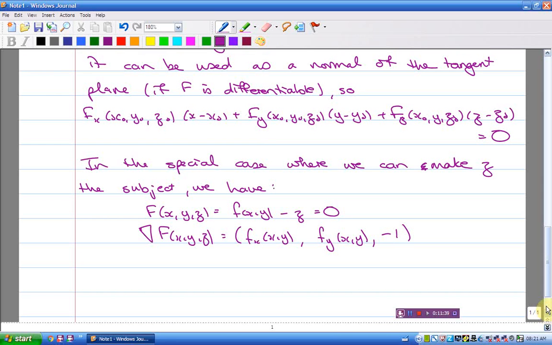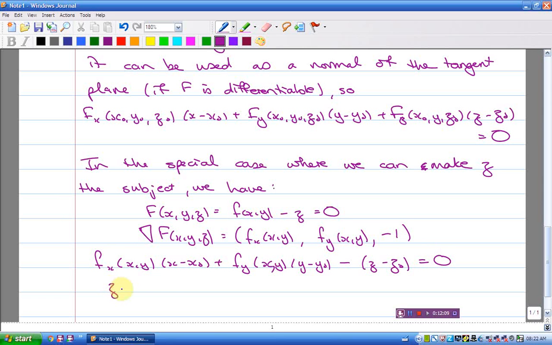So if you're choosing to recognize those three components of grad big F as your a, b, and c of your plane equation, you get little f sub x times x minus x naught plus a y derivative of little f, where the z derivative is just minus 1.